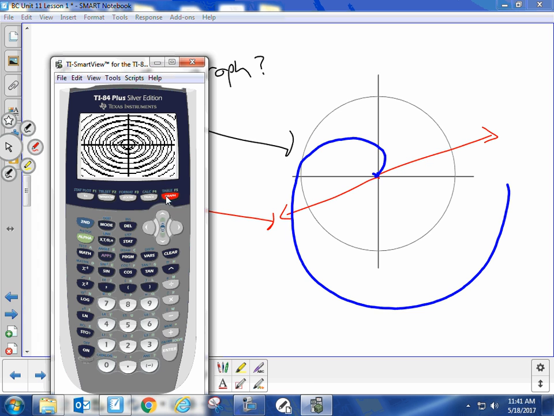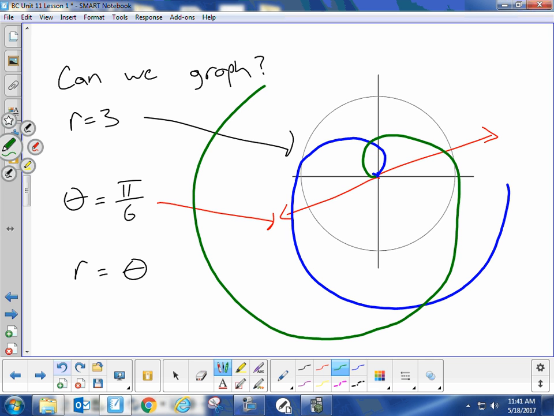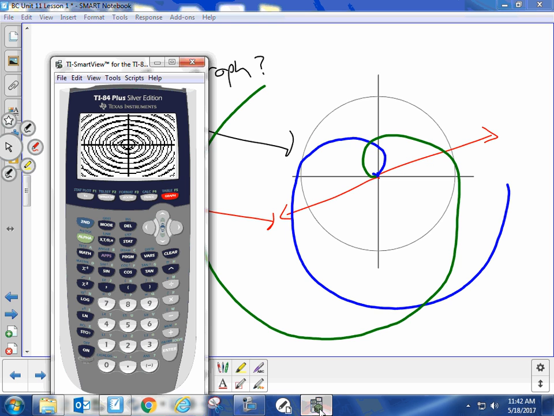So this graph, if you think about a negative angle, so negative pi over 6, it'd end up going like that, and they would intersect each other a lot of times down here and up there.